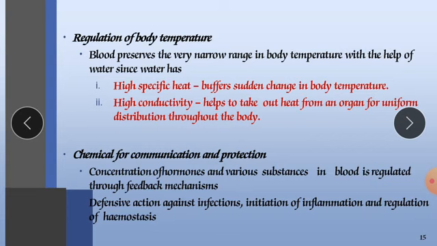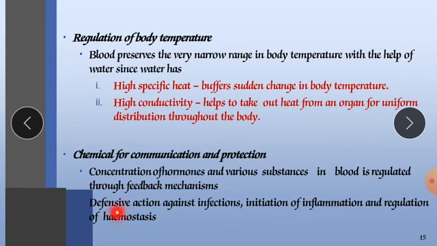Defensive actions against infections: whatever pathogens get into our body can be killed with the help of the blood, because blood contains the first line of defense, WBC, which kills bacteria and viruses. Initiation of inflammation, because blood also contains inflammatory agents that initiate the inflammation.